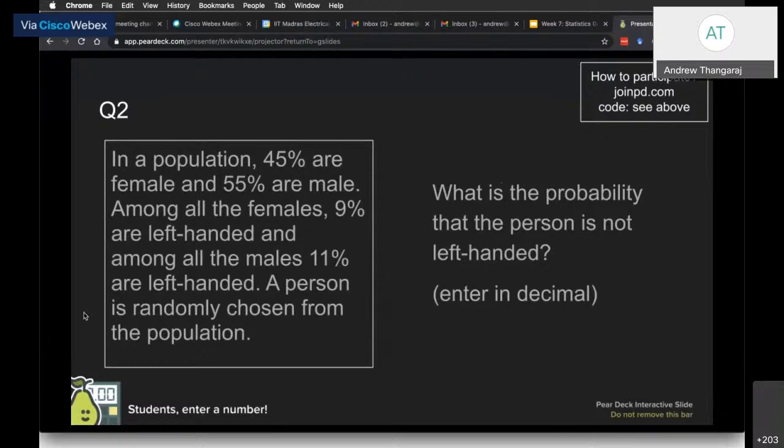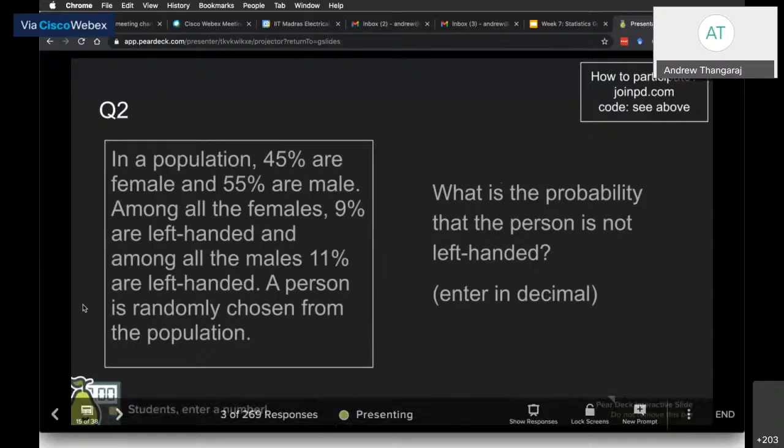The question describes a slightly different situation. It describes a population where you have two genders, 45% are female and 55% are male. And it gives you conditional fractions. Among the females, 9% are left-handed. Among the males, 11% are left-handed.